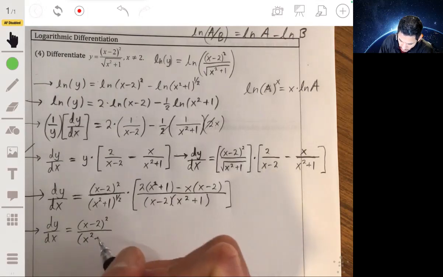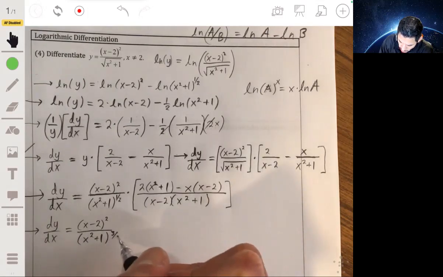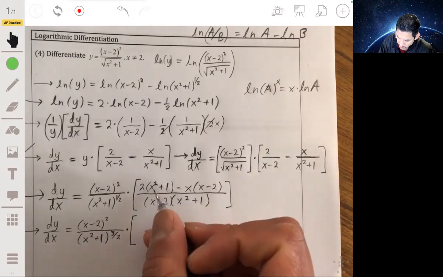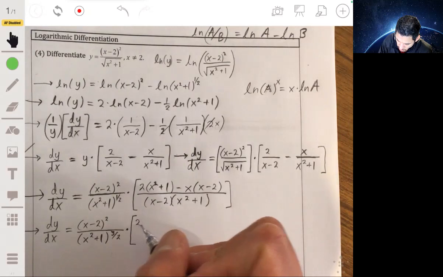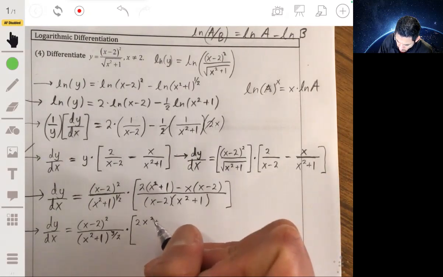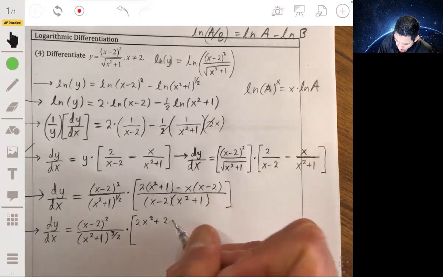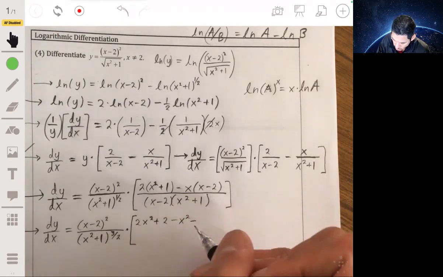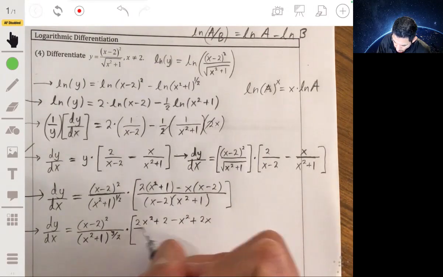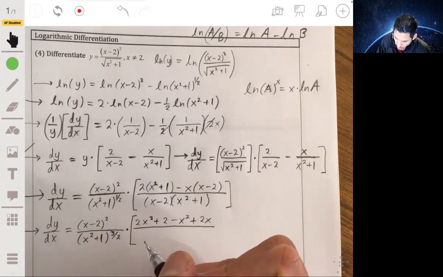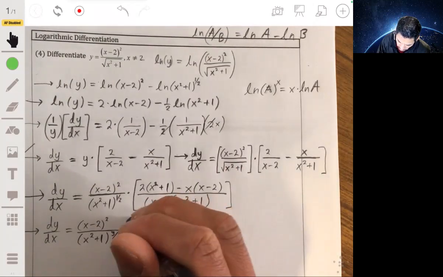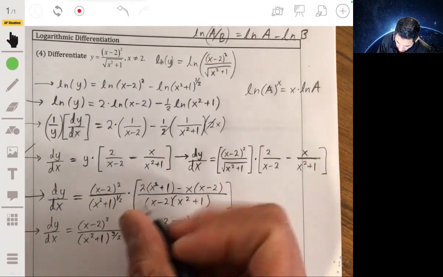So we have x squared plus 1 to the 3/2, multiplied up here by 2x squared plus 2 minus x squared plus 2x, over x minus 2. And actually, let me take away these brackets because I already have that factored out. I don't want to confuse this with that.